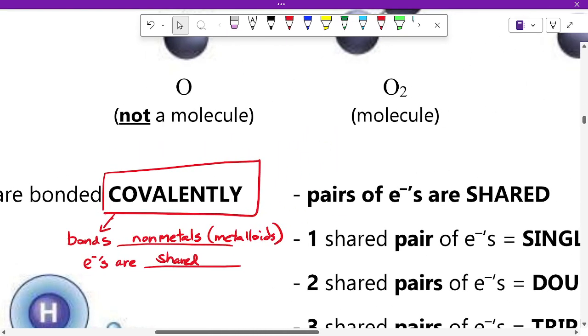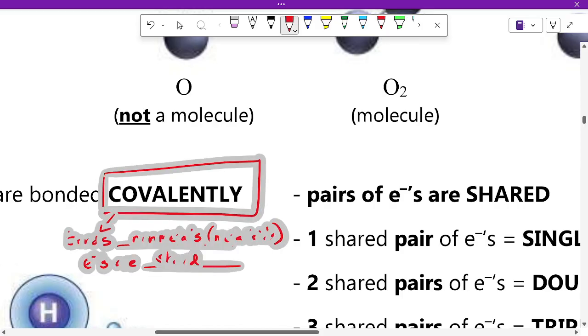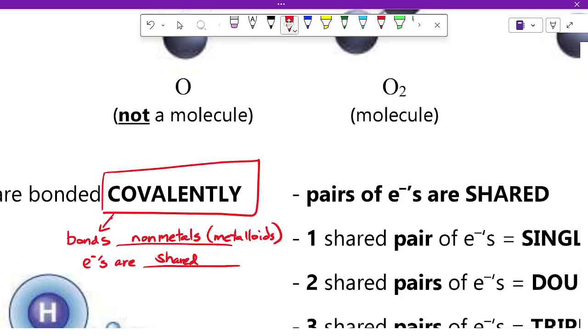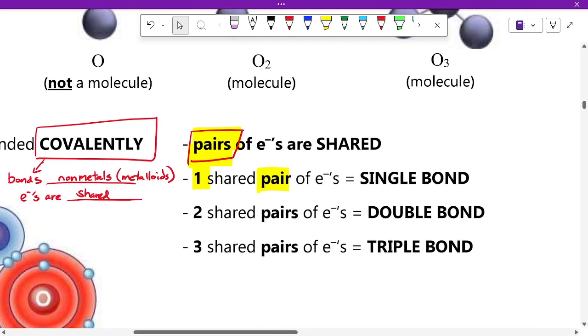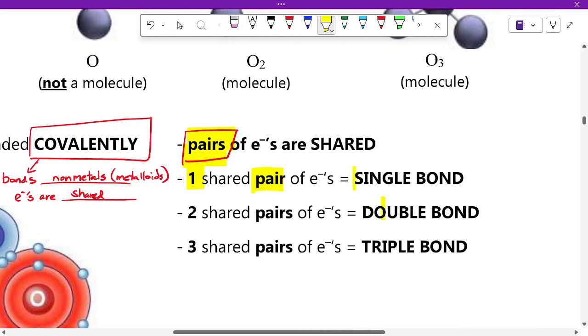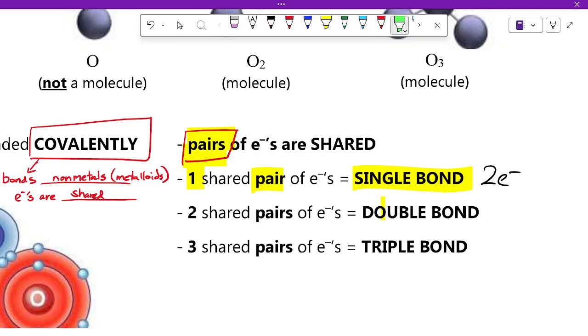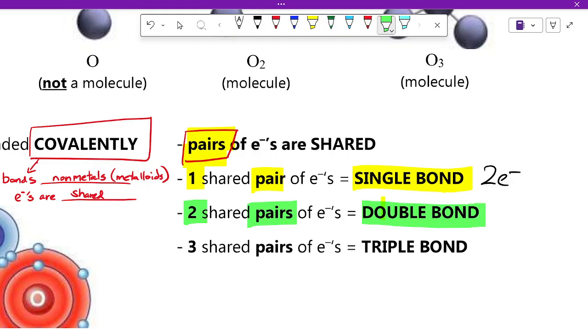And we don't just share single electrons, we share pairs of electrons. One shared pair is a single bond, and that would be your 2 electrons. 2 shared pairs is a double covalent bond, and that would be your 4 electrons.